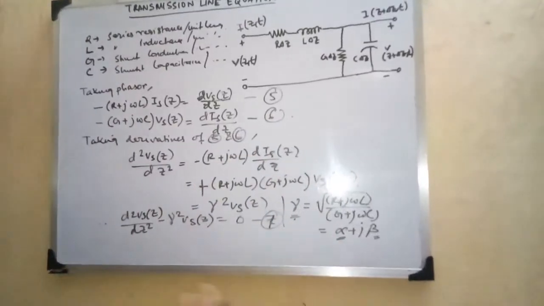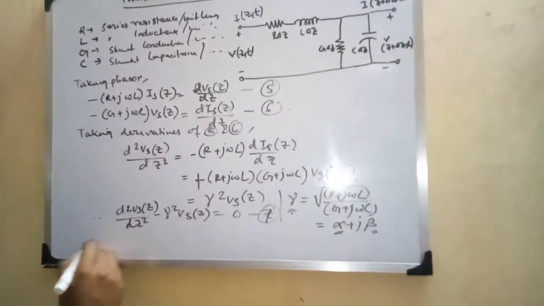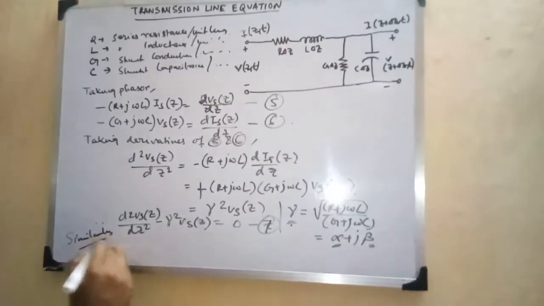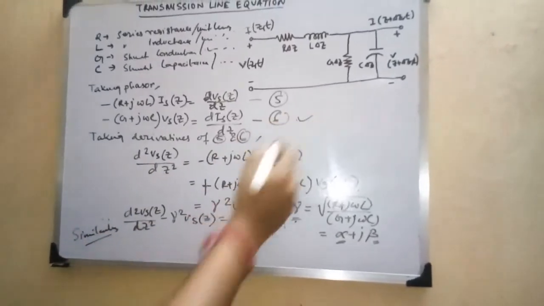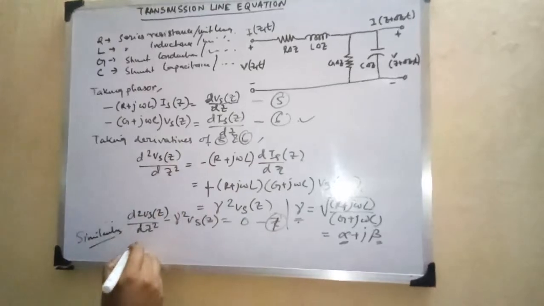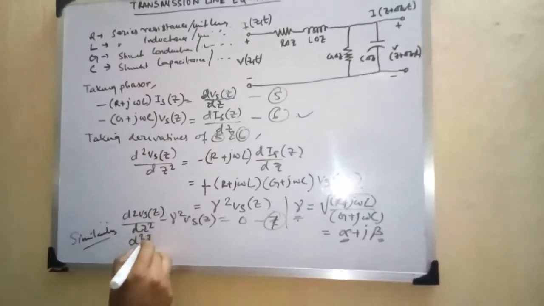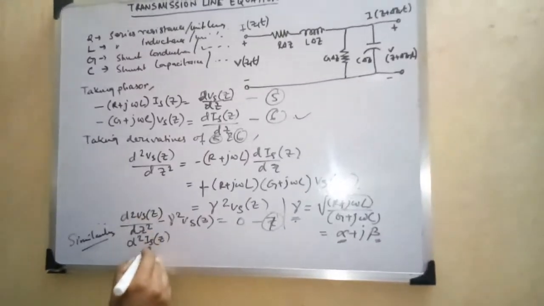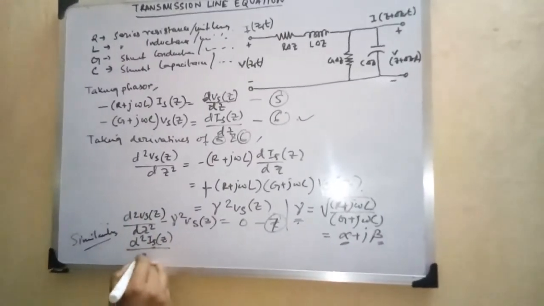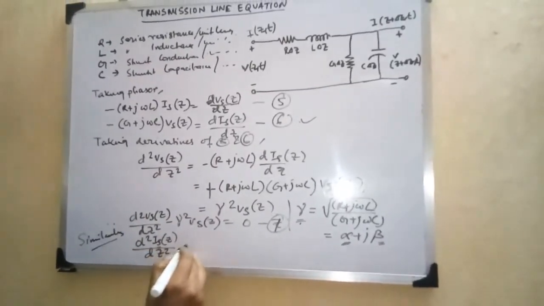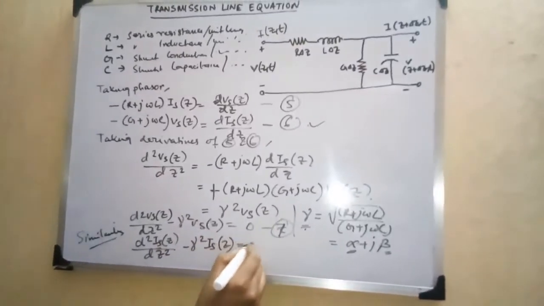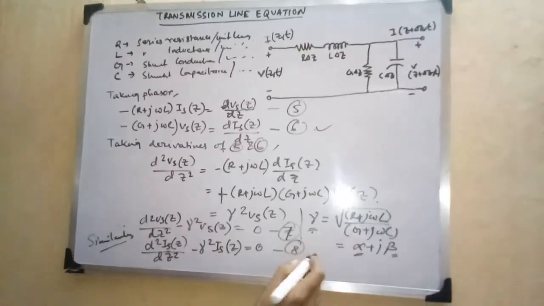You can calculate it yourself too. From equation number 6, after the derivative, it will come as d2I_s(z)/dz2 minus gamma square I_s(z) equals 0, only in place of V it will be I. So this is expression number 8.